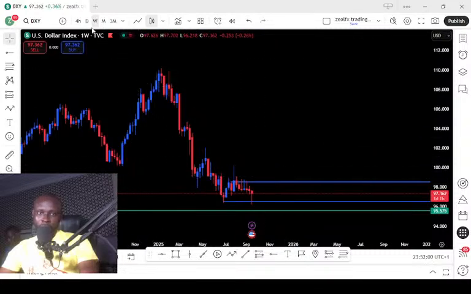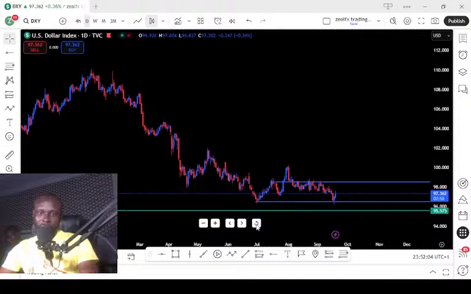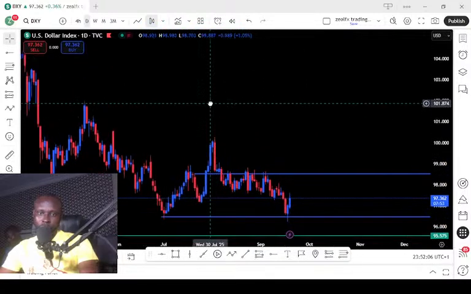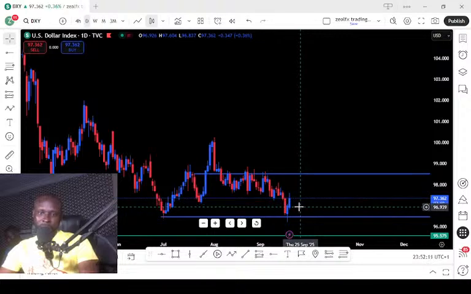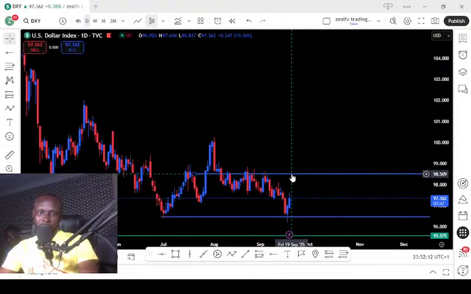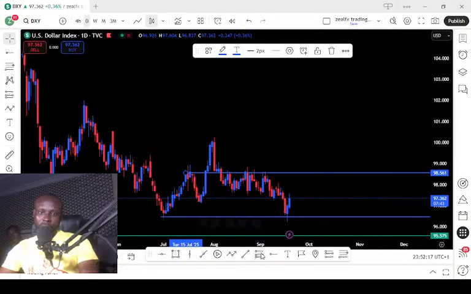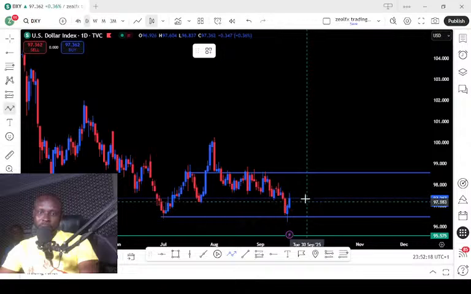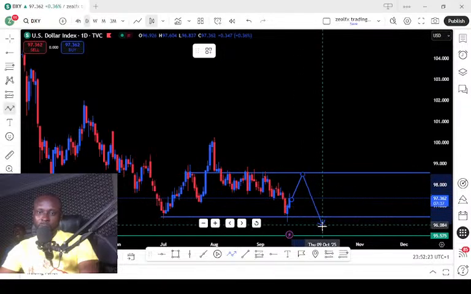So let's go back to our daily chart. On our daily chart, we currently have a downtrend structure. Also we have a series of lower highs, which indicates we expect more downtrend for the DSY. On our weekly chart, we drew this resistance level, which is on the daily chart. Now we expect the DSY to do a retest of this resistance before we see a possible sell back to the down for the DSY.